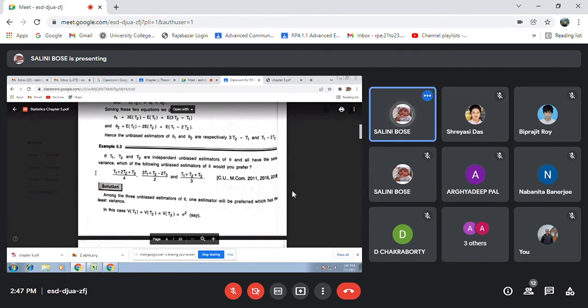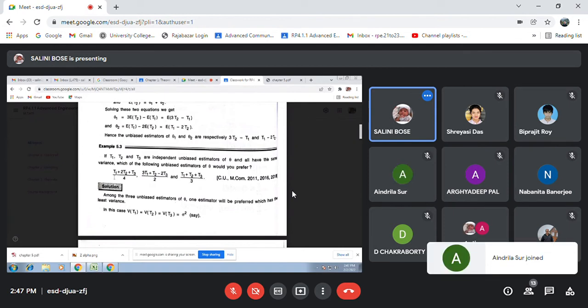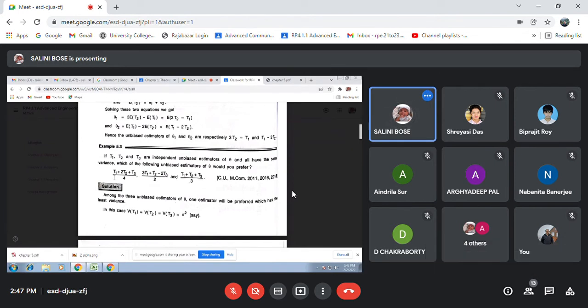Now you can find out the variance of these three. Can you do it? Okay, you just do it and tell me which will have the less variance.